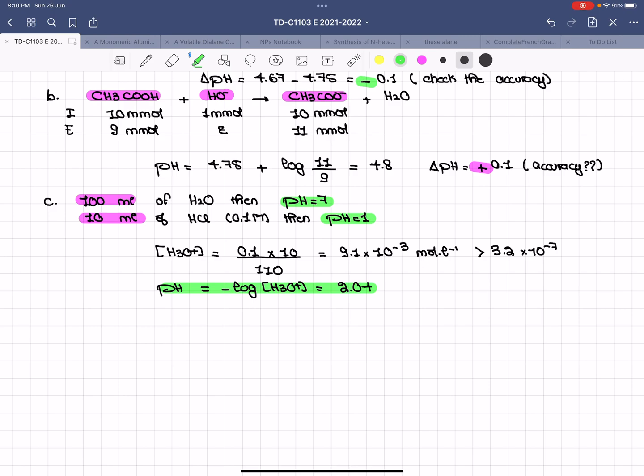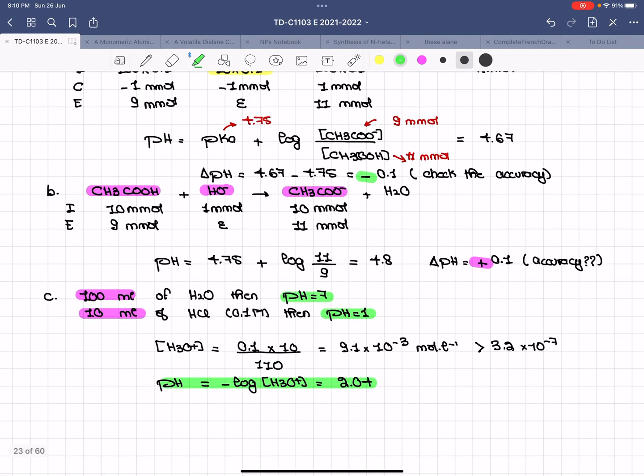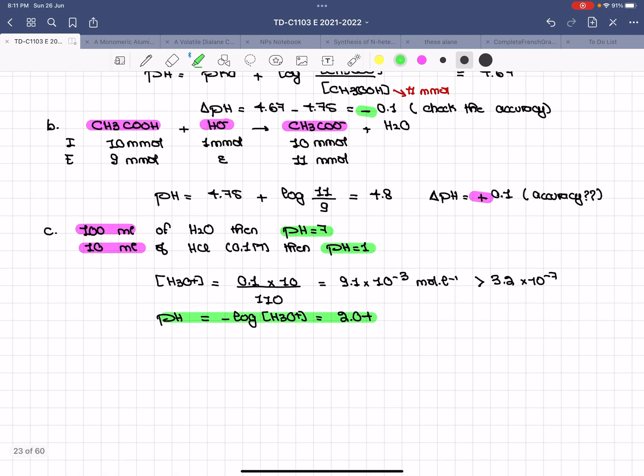When you add the same amount of the acid to a buffer, the pH hardly changes, 4.75 to 4.67. When you add the same amount of a base to the buffer, the pH hardly changes. The change is approximately 0.1. However, the change is more than 5 when you add it to pure water.